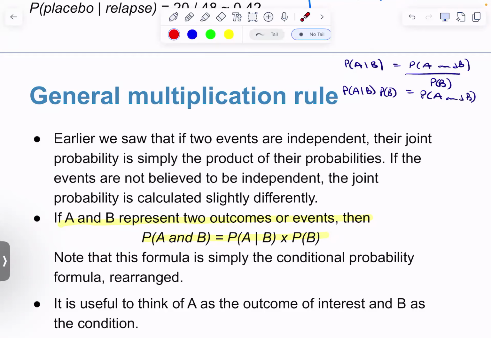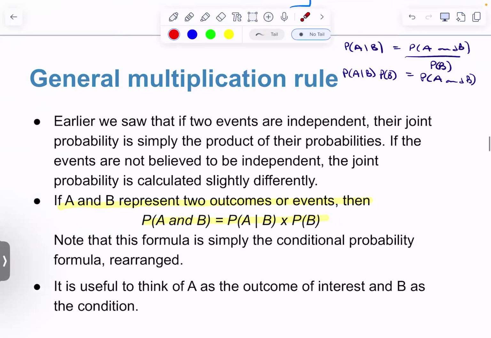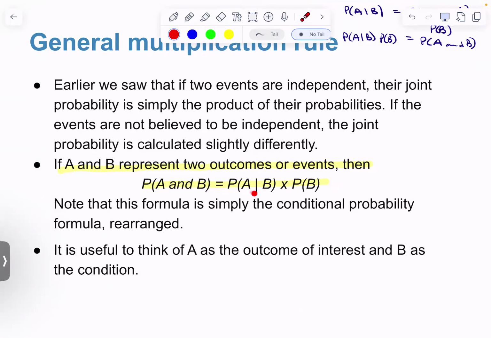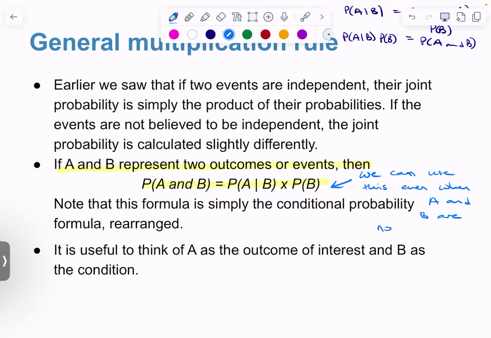Now you're allowed to use it even if they're not independent. That's nice, because then you've incorporated this conditional probability. Right? So we can use this even when A and B are not independent.